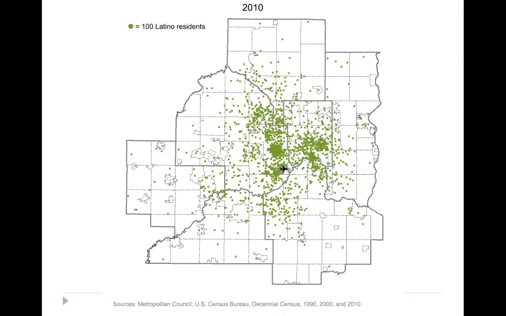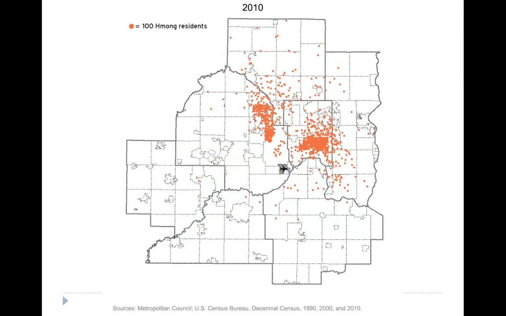Looking at some of the Twin Cities residents here, this is as of 2010, so it's a little bit old at this point. You can see that each one of those dots represents 100, in this case 100 Latino residents in and around the Twin Cities. This one is our Hmong residents. Again, you can see St. Paul specifically, but obviously parts of Minneapolis and the northwest area too.